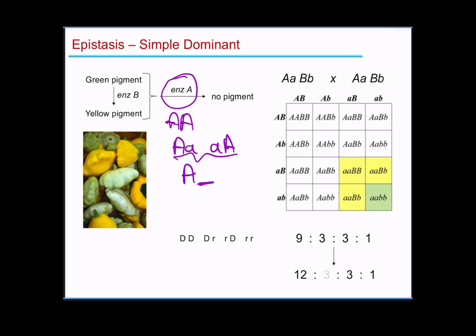And that happens in this bottom quarter of the Punnett square, where you'll notice that in all of these cells, A is homozygote recessive. So now, all of a sudden, you can see what the B locus was up to. In the homozygote dominant or either heterozygote, yellow pigment. Only in the homozygote recessive for B would you see the green pigment.